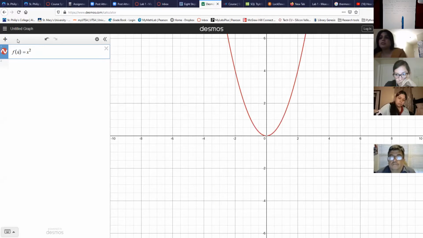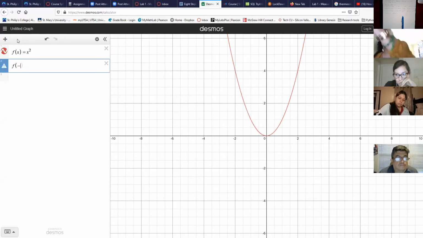Now, if you were to plug in -1 in there, let's see if it lets me, I don't think it will. No, not this one. Yeah, there it is. So, f is x squared.